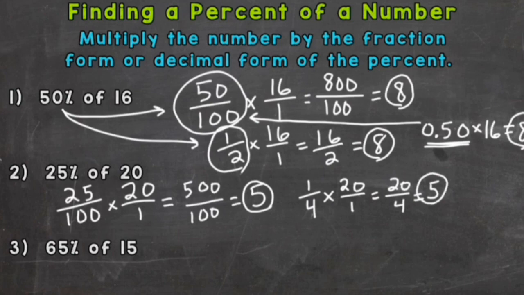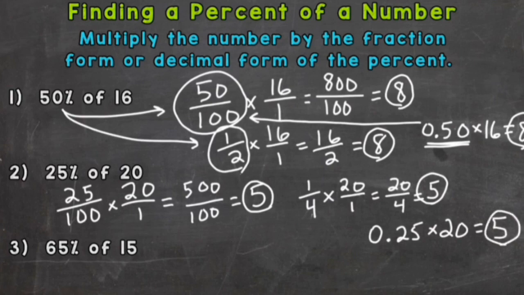In the same way, the decimal method is going to be 0.25 times 20. If this is done properly, we are going to get 5. So, these are different ways of showing the same thing.